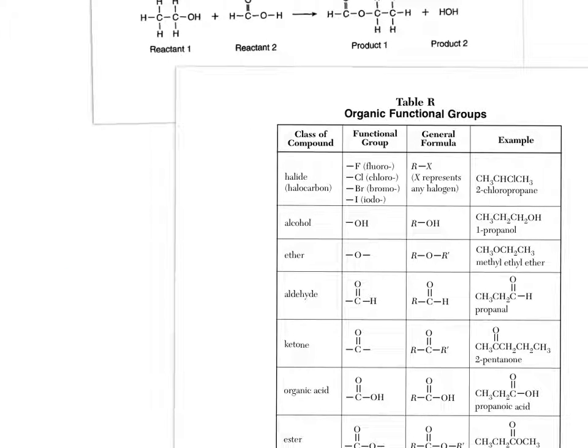In this one, they want you to state the class of organic compound to which product 1 belongs. So we're looking at product 1, and we're going to go to Table R, which gives us the various different classes. If we take a closer look, we see that this particular group and this particular group are joined by this thing right here.